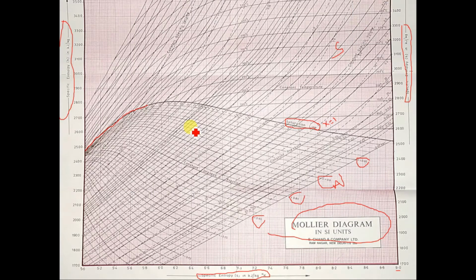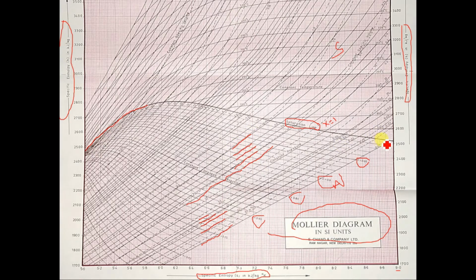Next we move on to the pressure lines. These straight lines are pressure lines. Look, these are the pressure lines. Everything parallel to them is a pressure line.